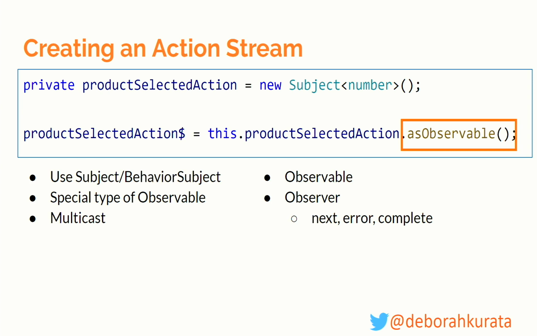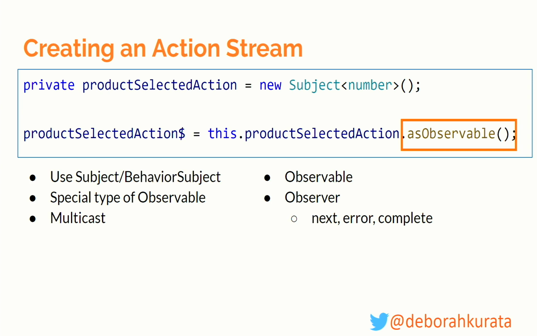And an observer is basically an object with next, error, and complete methods in them. Normally, when we subscribe, we're passing in the observer with the next, error, and complete methods. But our subject and behavior subjects also implement the IObserver pattern and have the next, error, and complete methods that we can call on them.